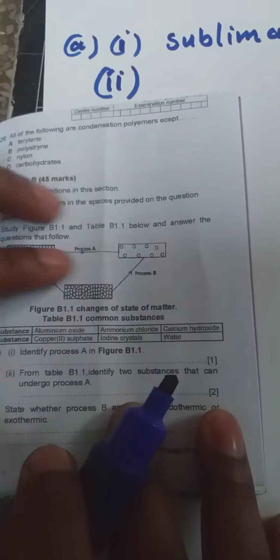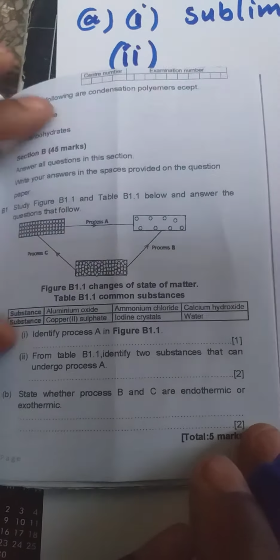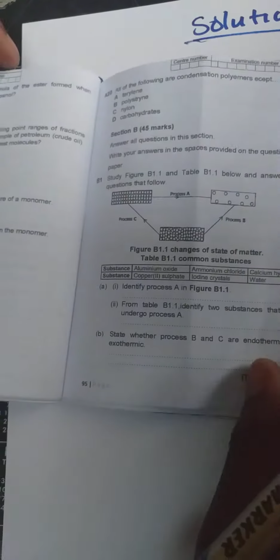Then our question is saying from the table B1, identify two substances that can undergo process A, which is the one we've mentioned. Process A, we have said, is sublimation, remember. So which substances from the table that we have been given can undergo sublimation?